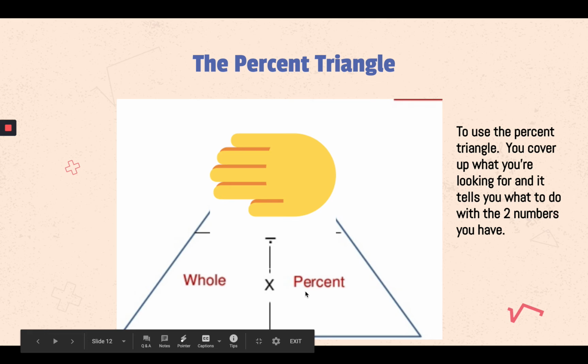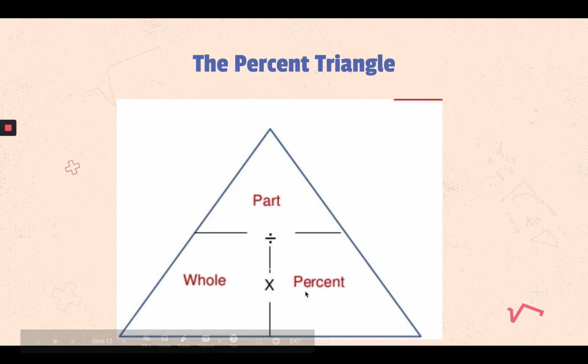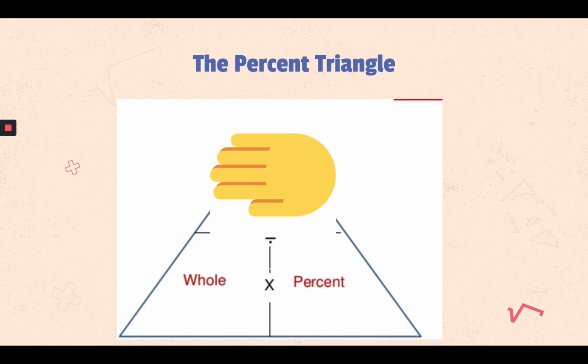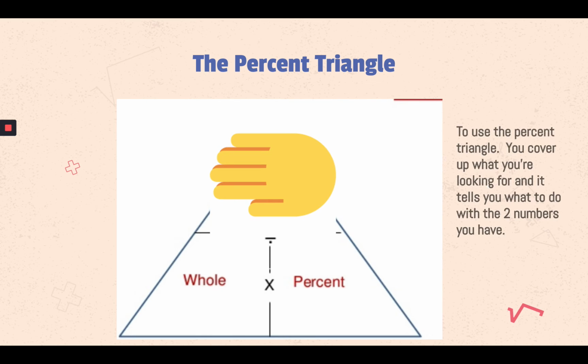So it's whole times percent equals part. And this will make more sense as we use it, but for today, what you need to know is we're going to multiply the whole times the percent. That's what you're doing on today's problems. So let's jump in.